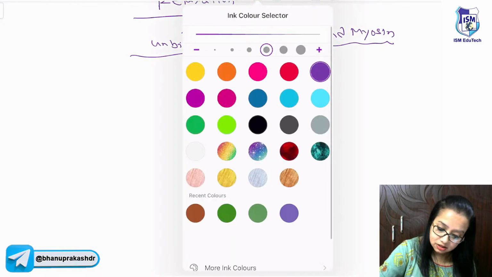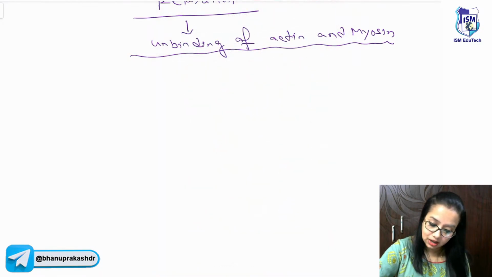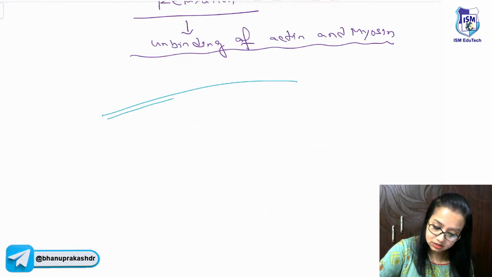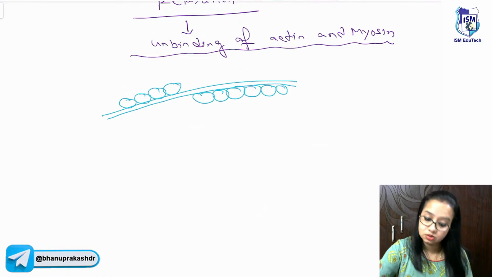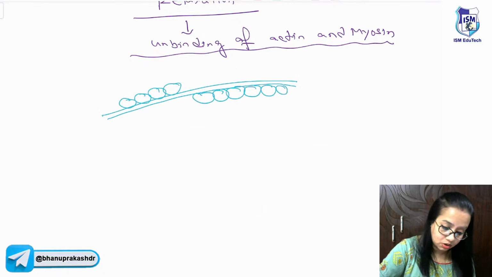How do we need it? The actin molecule is lying like this, right? And the actomyosin complex is what?